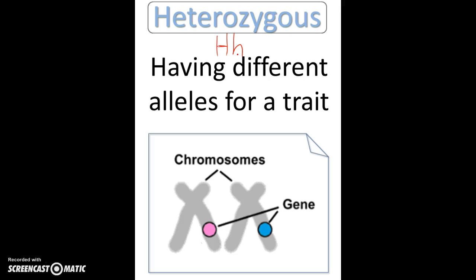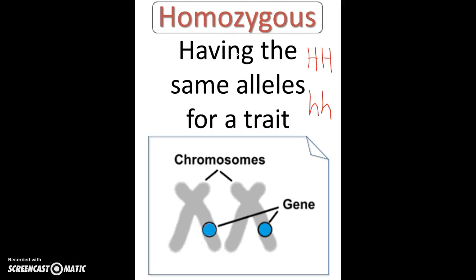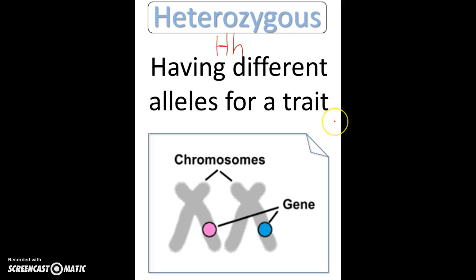Okay? And a way you can remember this is homo and hetero. So everyone's heard of homosexual, heterosexual. Homosexual is 2 of the same sexes. Okay? So that's homo. It's the same. Just as here, you got 2 of the same here, 2 of the same here. Hetero is 2 opposite sexes or 2 different sexes. Same here, different.